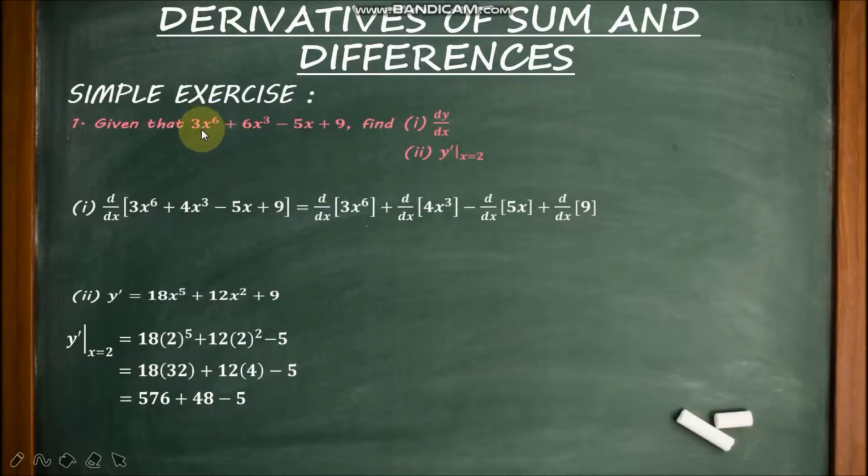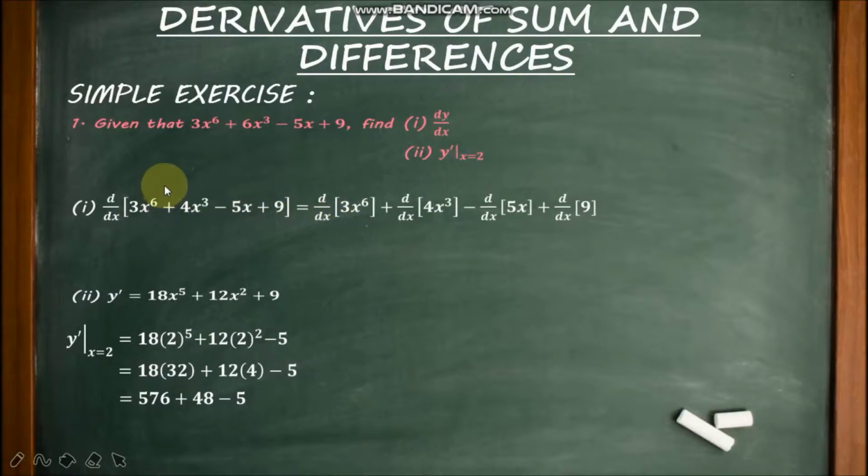Okay, exercise 1. It is given the equation 3x to the power of 6 plus 6x to the power of 3 minus 5x plus 9. Then we need to find the d dx. So to find the d dx, we need to rewrite it into d dx of 3x to the power of 6 plus 6x to the power of 3 minus 5x plus 9.